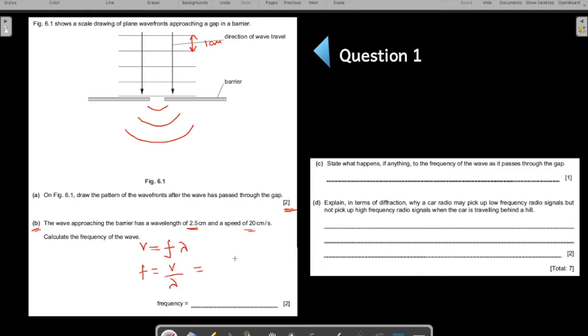You know the velocity, the units are the same, so you need not change anything to meters. Here you have centimeters, here also centimeters, in the numerator and denominator, they'll cancel out. So you have 20 as the speed and 2.5 as the wavelength. When you divide them, you'll get your answer.